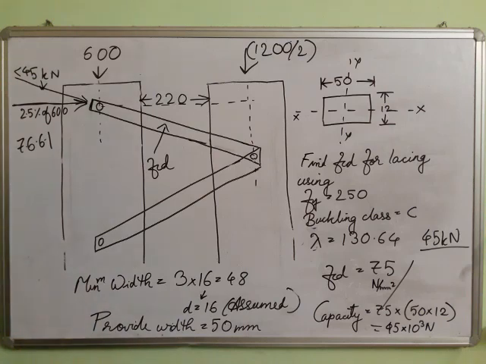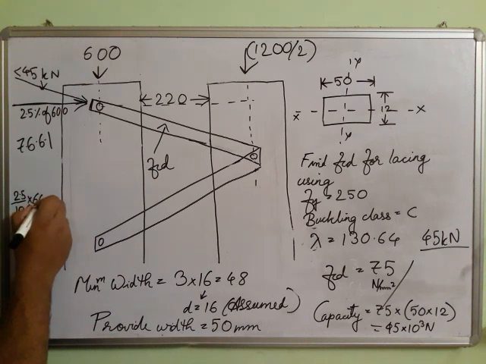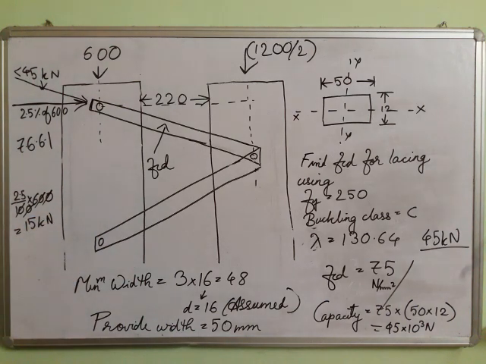Find out. 15 kilonewton. Now this is going in this manner. So what will be the load falling on the lacing cross section? This load will have a component like this. This is 2.5% of 600, that means it is 15. I'll write 15 here.